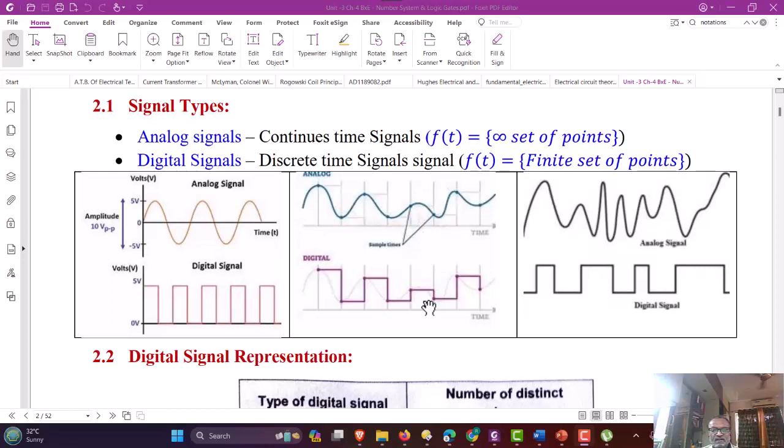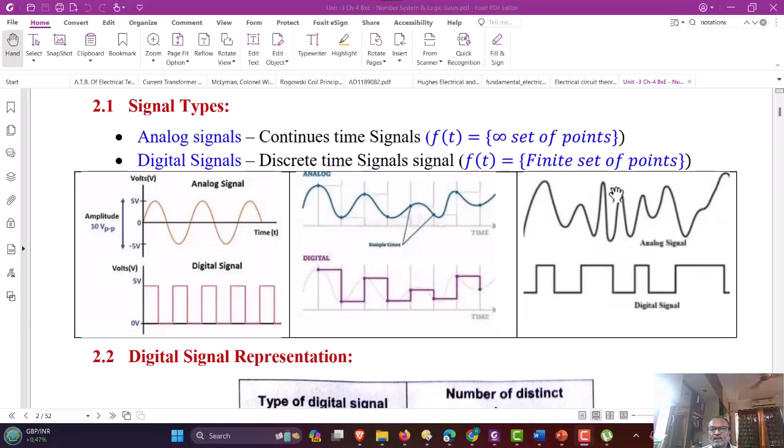Likewise, only a few values represent the digital signal. If you compare these two signals, their variations are similar, but compared to the analog signal, the digital signal has many lost parts. Some parts of the analog signal are lost while converting it to a digital signal.